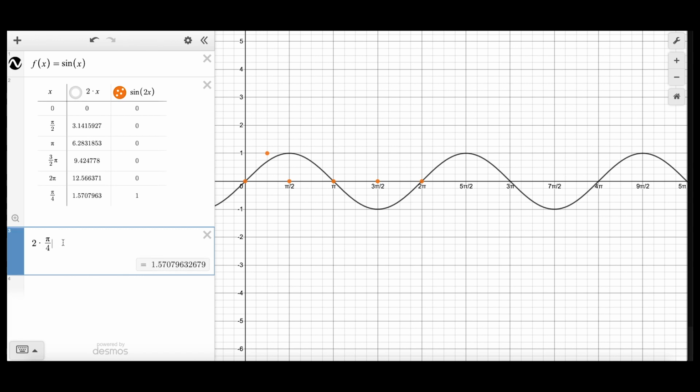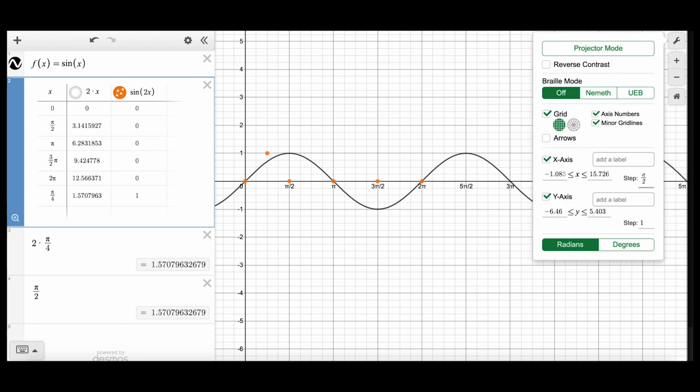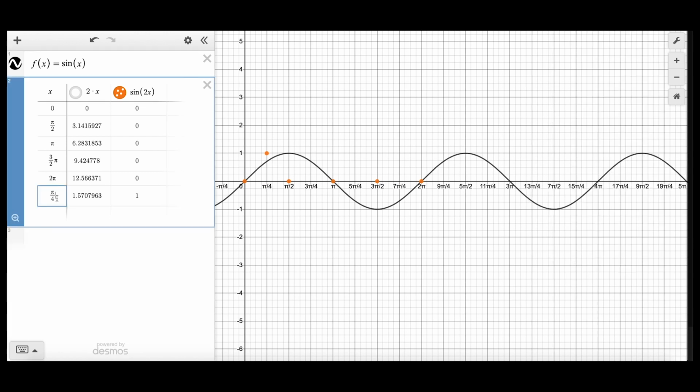So if you double a quarter, you actually get a half, right? This is equivalent to half of pi. So a quarter of pi, if I double it, will behave as a half of pi, and sine of a half of pi we know is 1. So a quarter of pi behaves like it's double. Everything's going to behave like it's double.